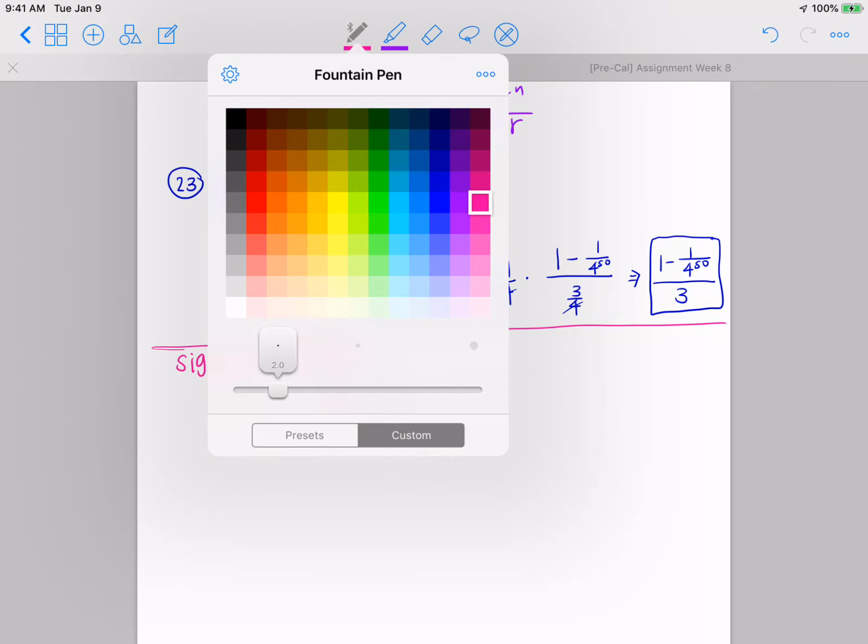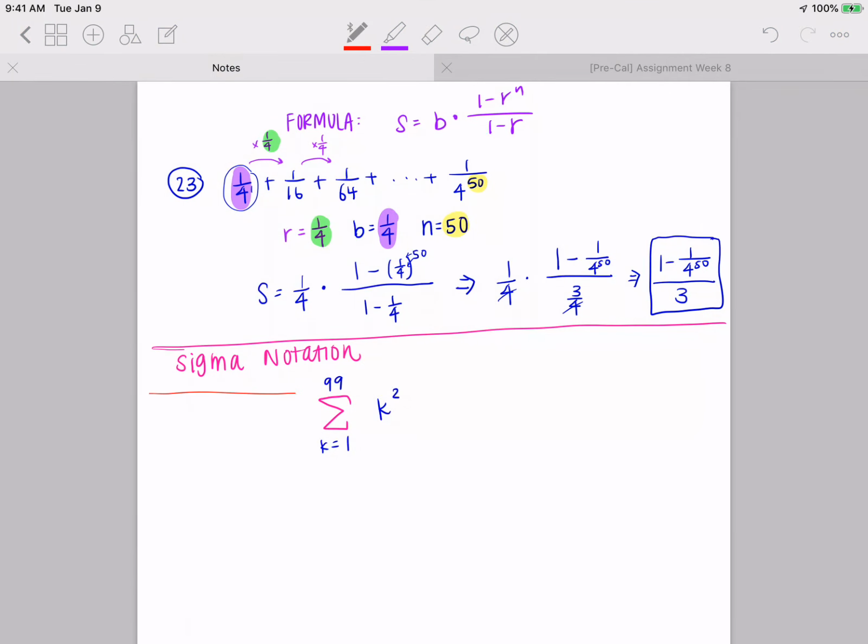Real quick on the side, I'm going to explain what this is. This symbol is sigma, which stands for summation notation. We're finding the sum of something.